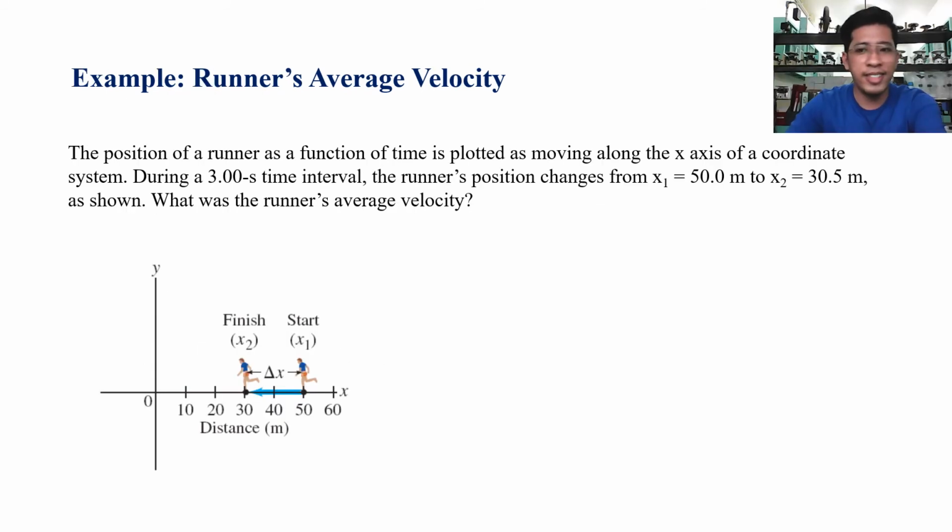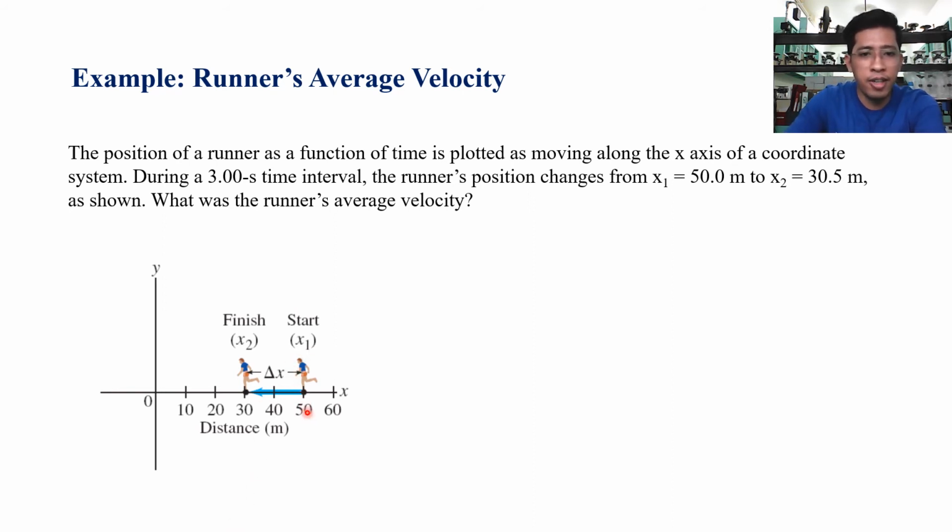Let us have an example. This is about a runner's average velocity. The position of a runner as a function of time is plotted as moving along the x-axis of a coordinate system. During a 3-second time interval, the runner's position changes from x1 equals 50 meters to x2 equals 30.5 meters, as shown in the figure.